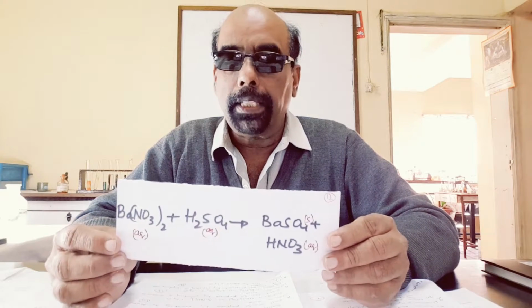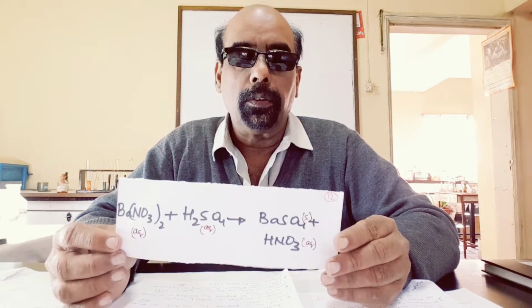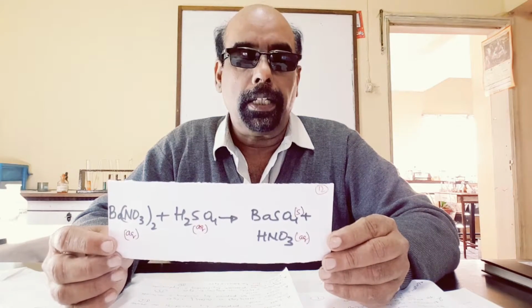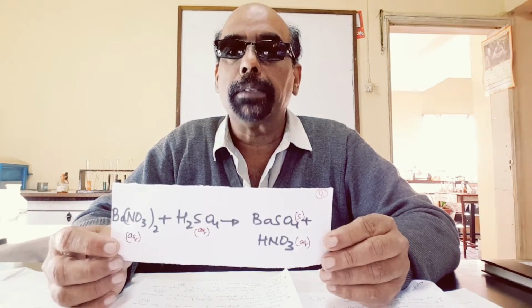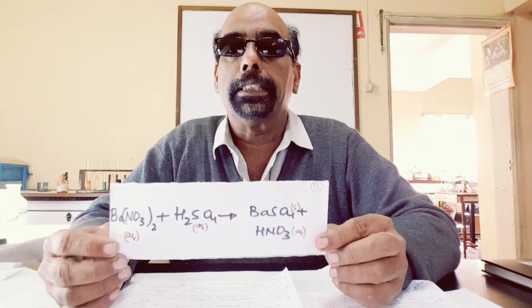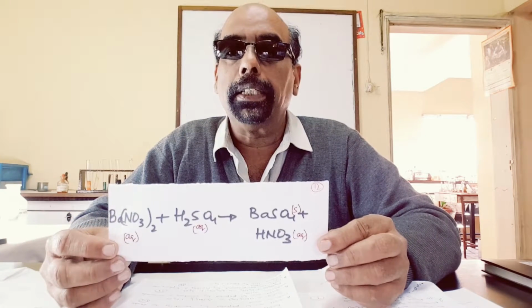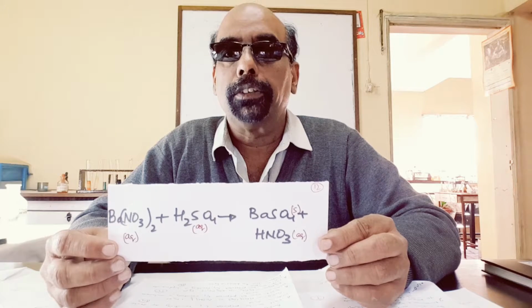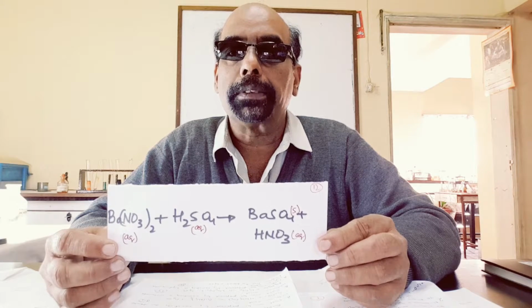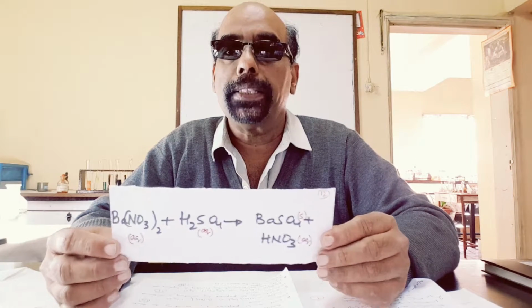Barium nitrate and sulfuric acid will give you barium sulfate and nitric acid, HNO3. Barium sulfate is a solid, a precipitate. It can be obtained by filtration. We separate the barium sulfate and obtain it as a residue. So filtration is an important method of separating a mixture.